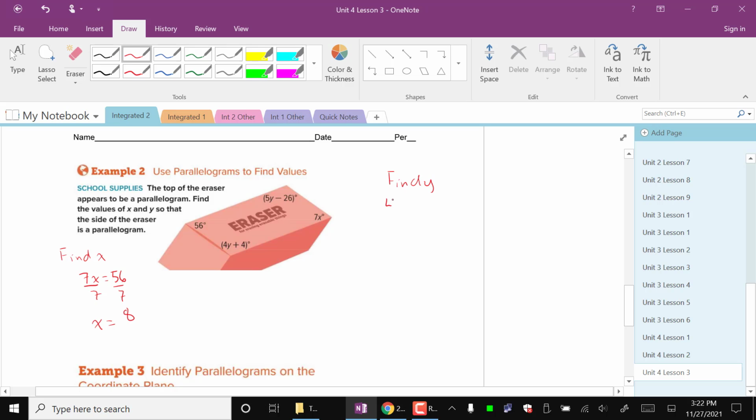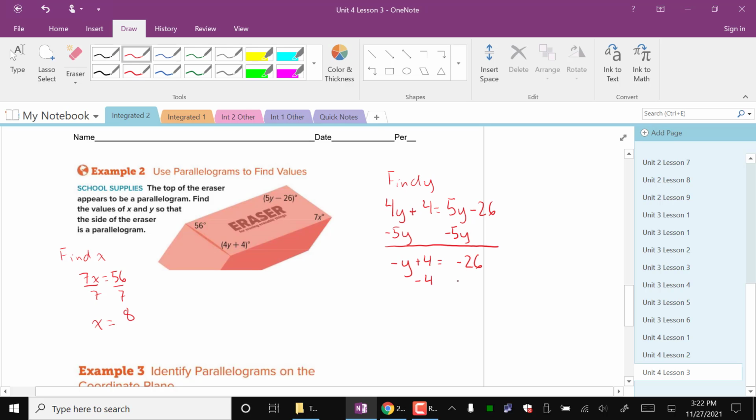And then here, opposite angles are going to be equal to each other. So we have 4y plus 4 equals 5y minus 26. I'm going to start off with subtracting 5y from both sides, so that I can get y on one side. That gives me negative y plus 4 equals negative 26.